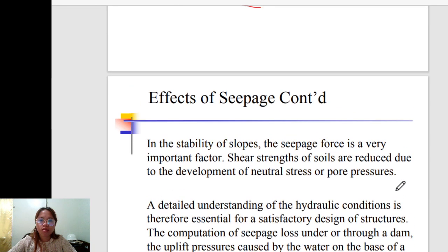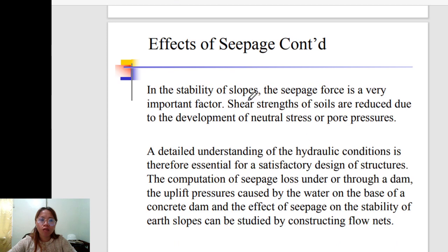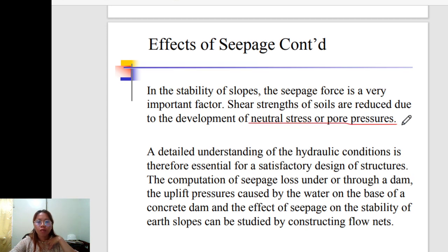Effects of seepage continued. In the stability of slopes, the seepage force is a very important factor. Shear strengths of soils are reduced due to the development of neutral stress or pore pressure. So remember, neutral stress is the same as pore pressure. A detailed understanding of the hydraulic conditions is therefore essential for a satisfactory design of structures.